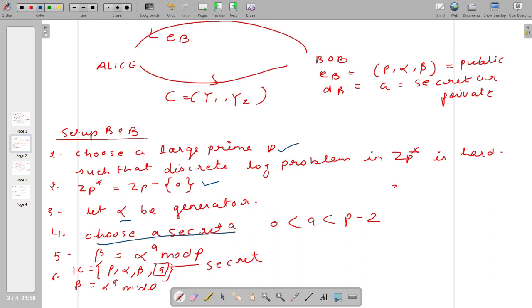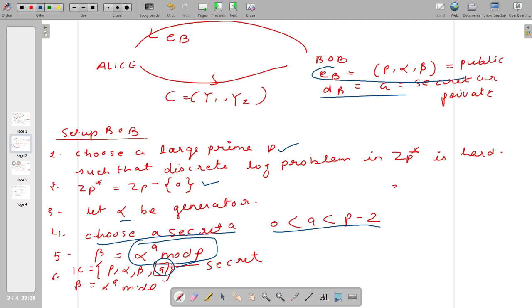Choose a secret A such that 0 < A < P minus 2. Now we select a beta which will be equal to alpha to the power A mod P. Now the key space K is (P, alpha, beta, A), where only this A is the secret key, the rest is all public key, and beta is equal to alpha to the power A mod P. So the public key is (P, alpha, beta) and the private key is only A.